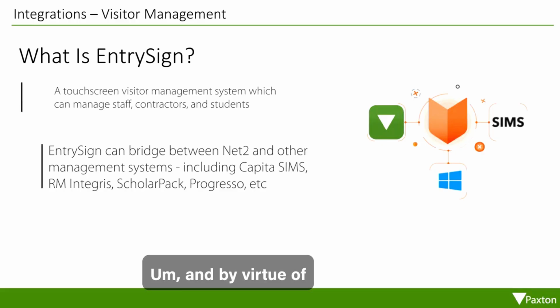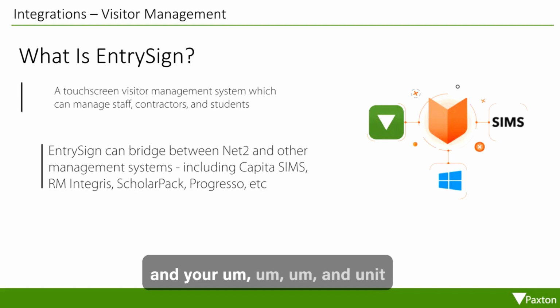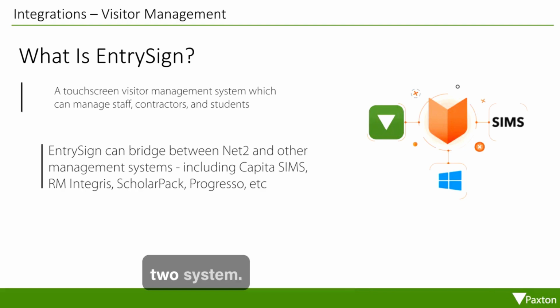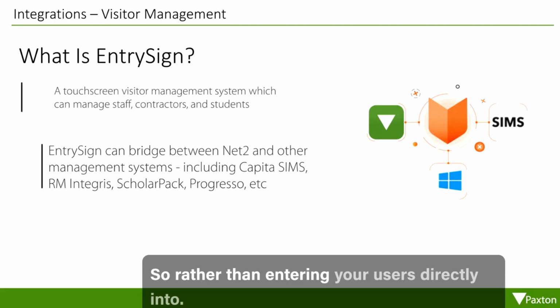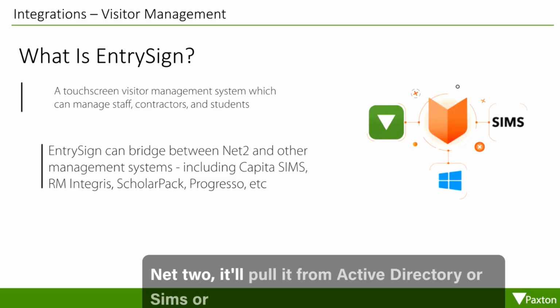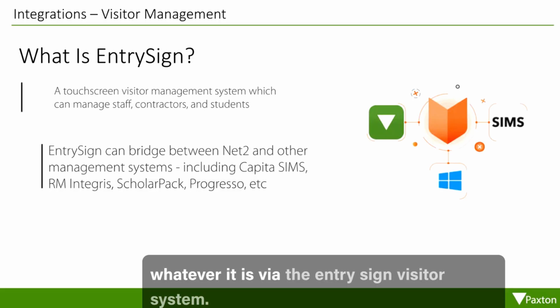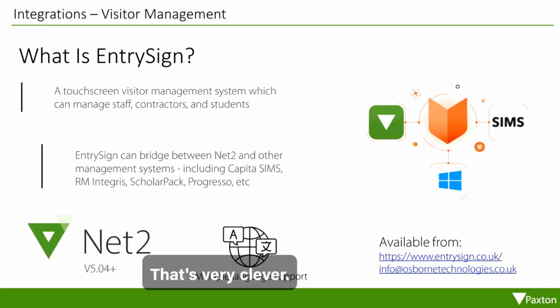And by virtue of integrating entry sign to these, you can then use entry sign as almost like a little bit of middleware between, let's say, your SIMs or your Active Directory and your Net2 system. So rather than entering your users directly into Net2, it'll pull it from Active Directory or SIMs or whatever it is via the entry sign visitor system. It's very clever.